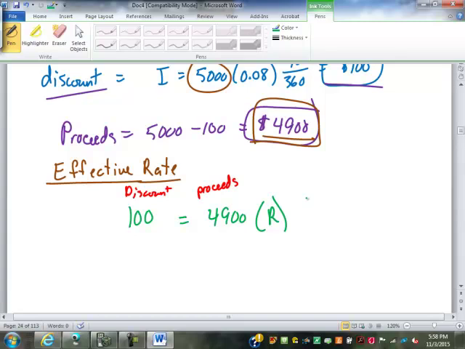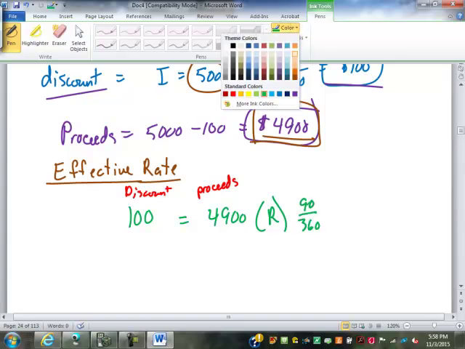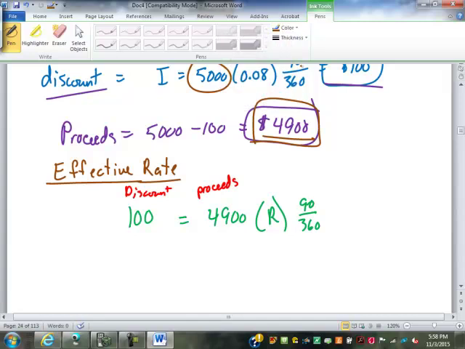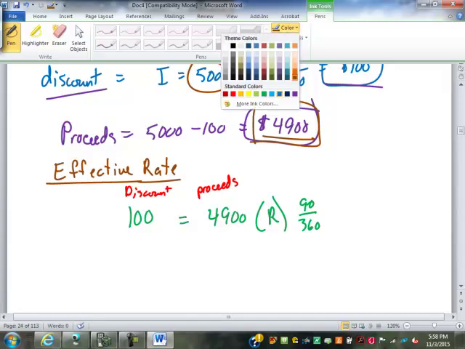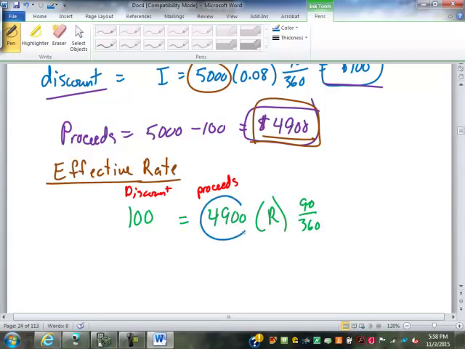And our time, of course, is still 90 over 360. So our first step in solving this is going to be to combine 4,900 and 90 over 360, which is what? 4,900 times 90 divided by 360 is 1,225. Does that work?